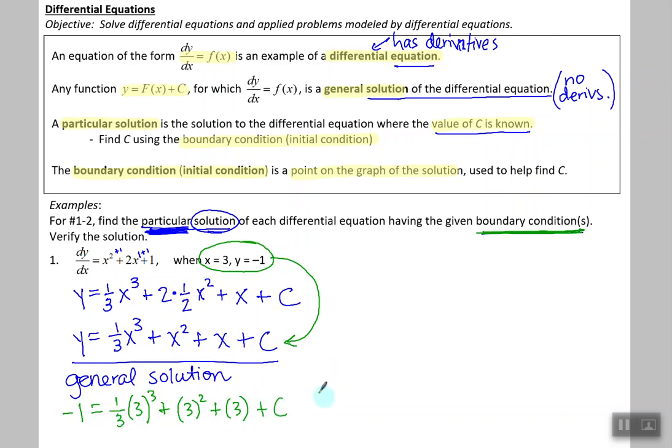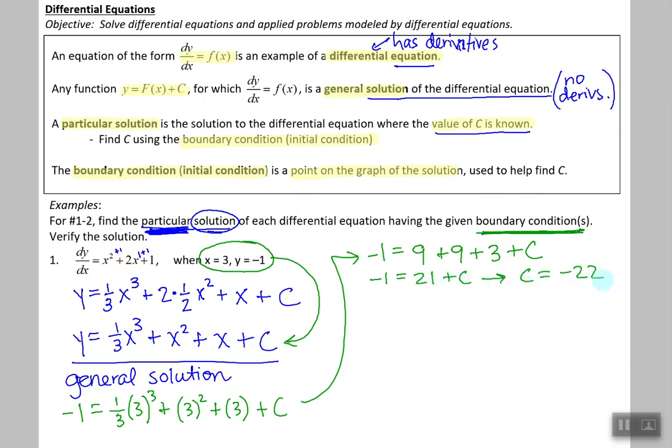So let's clean this up to solve for c. -1 equals 3 cubed is 27, divided by 3 is 9, 3 squared is 9, plus 3 plus c, that gives us -1 equals 21 plus c, and therefore c equals -22.